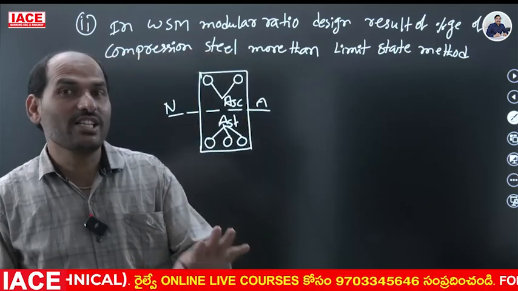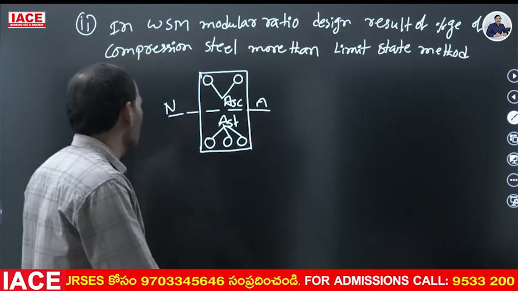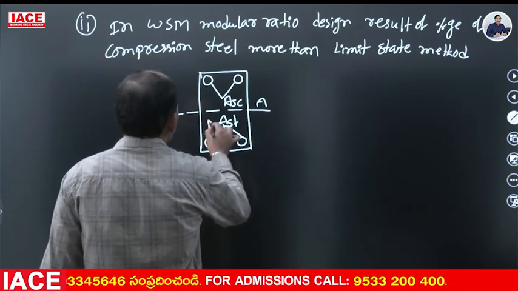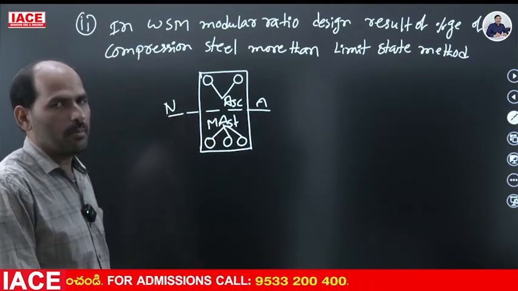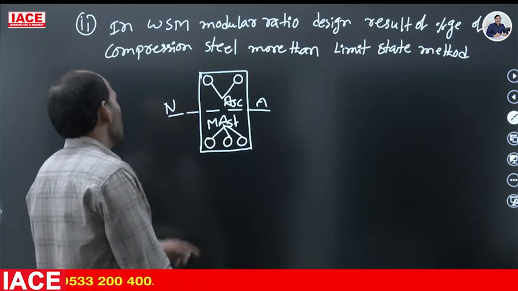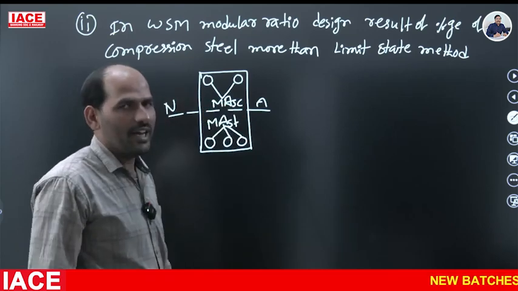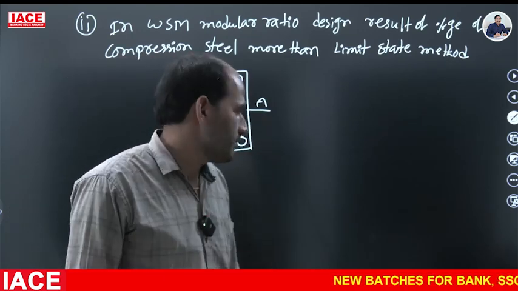But this is the working stress method, and it always follows the modular ratio value. That's why here it is M times AST, that means M times the area of tension steel, and also M times ASC, the area of compression steel.